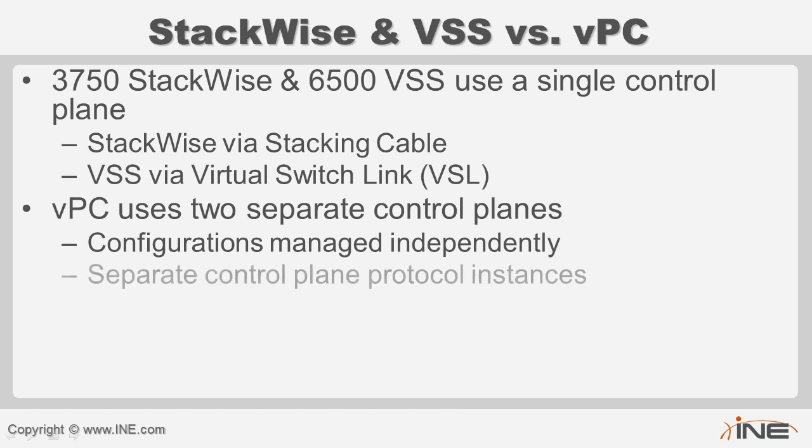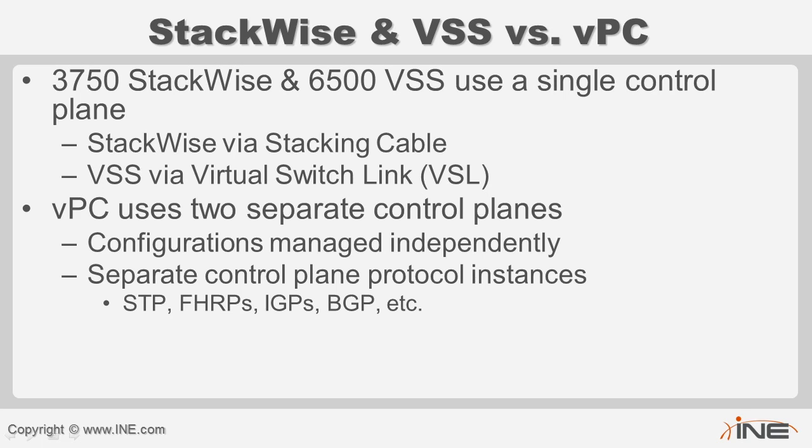Okay, we also have separate control plane protocol instances, things like spanning tree, our first hop redundancy protocols like HSRP, VRRP, GLBP, any of our IGPs and BGPs, those are going to be separate instances. So the end result, from the perspective of the downstream device, is that they are going to look like one individual chassis, one control plane, but really behind the scenes they are two separate control planes.